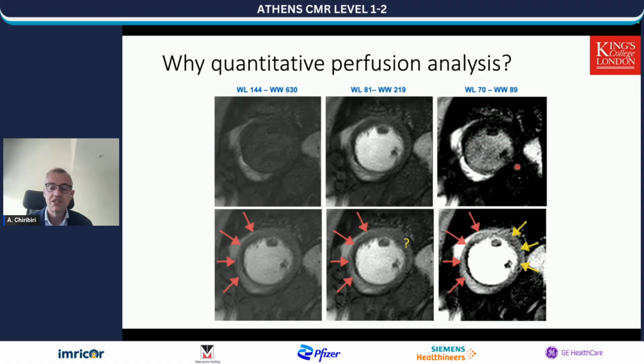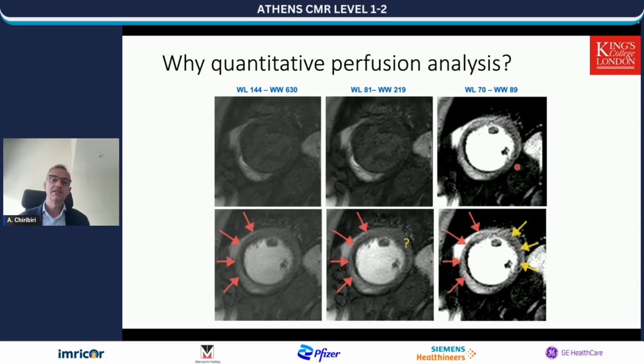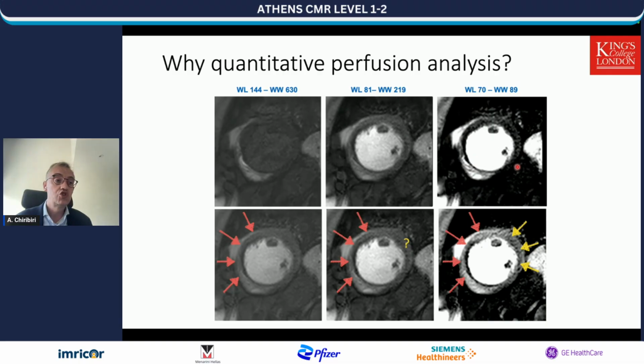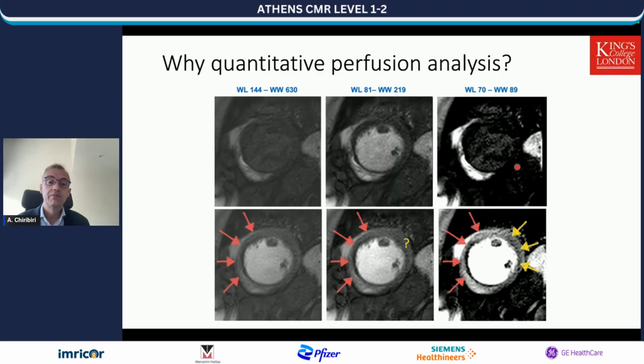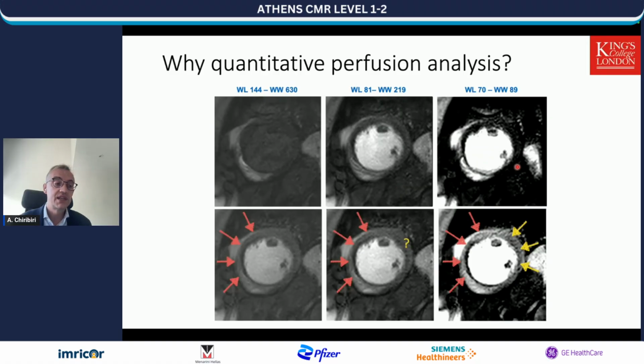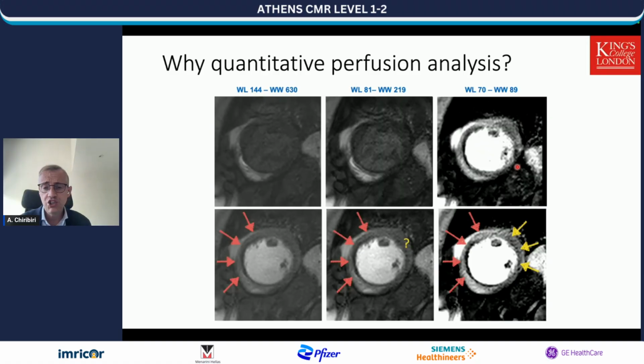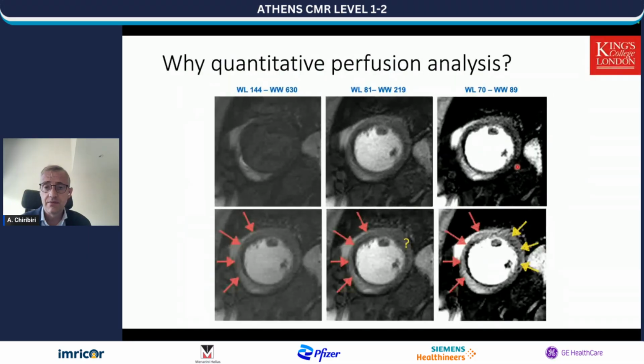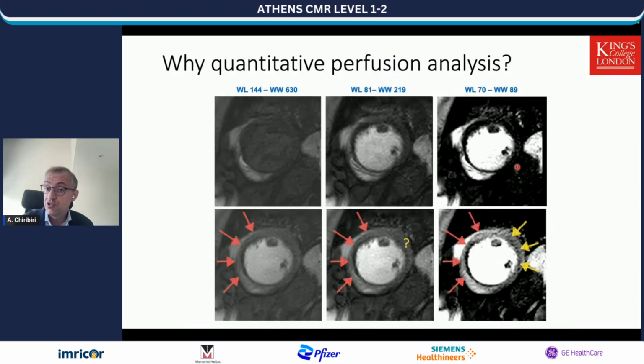So effectively, just based on changes in the grayscale level, in this case, we could change the diagnosis completely from a single vessel disease to a two vessel disease. And that, of course, comes with some potential implications in terms of the management of patients.